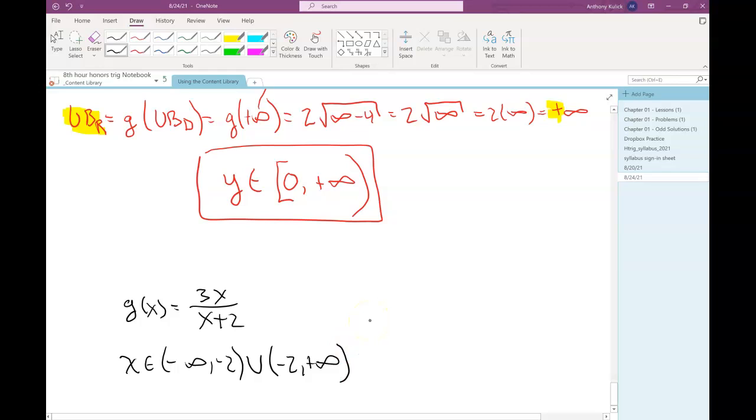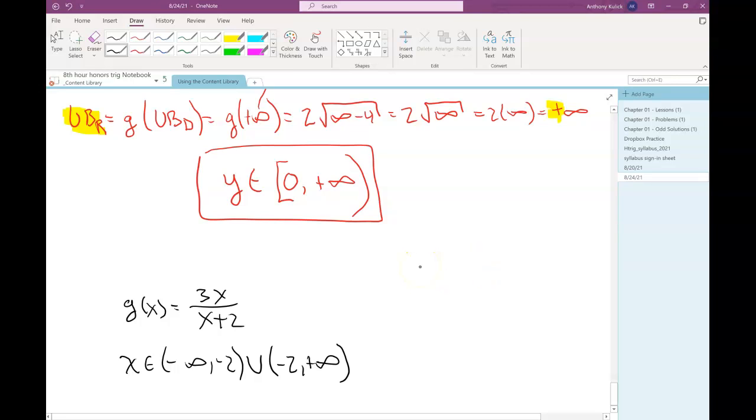Okay. So this is my next one. Again, I'm going to start by trying to figure out where this function is increasing and decreasing. So I'm going to think back to my Algebra 2 class.